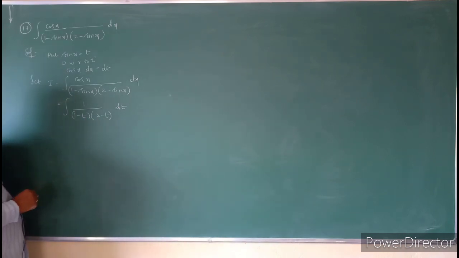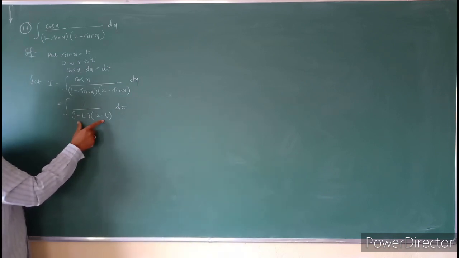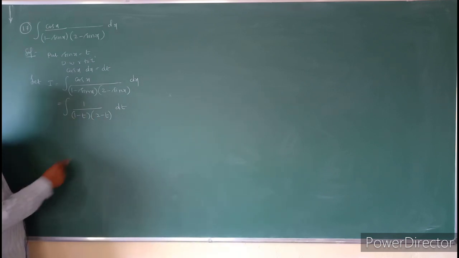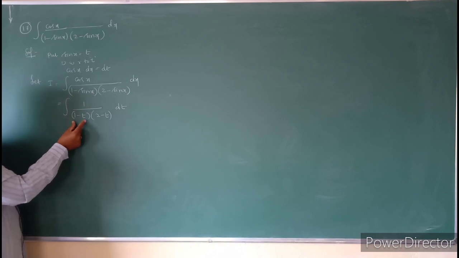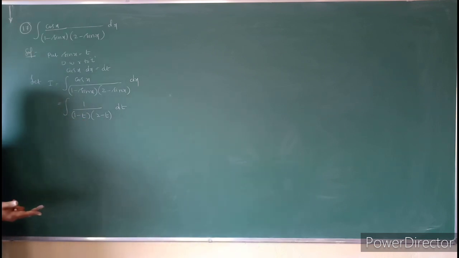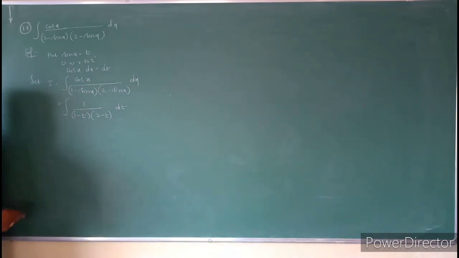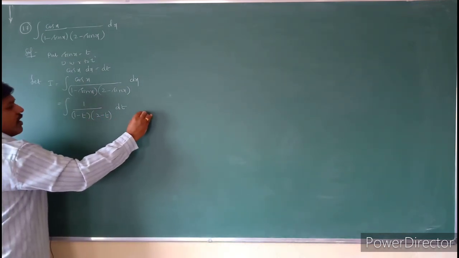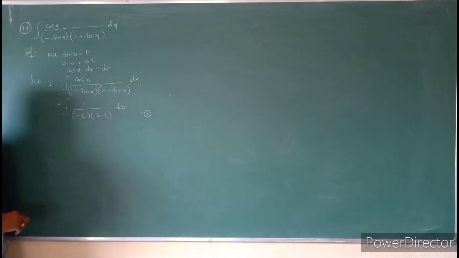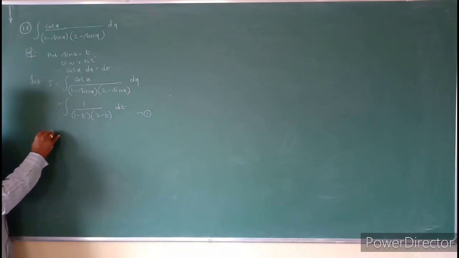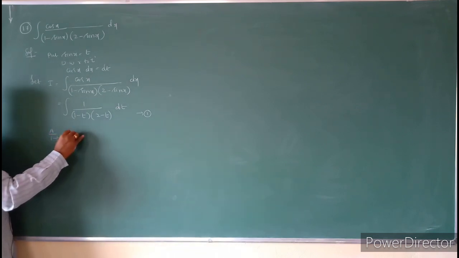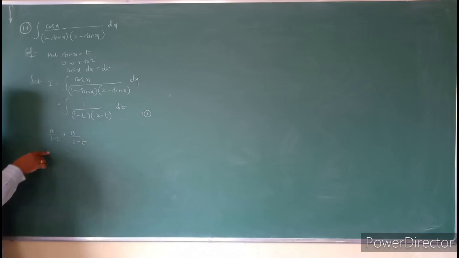So here also, what is the difference of these two? See students, this is 2 minus t and this is 1 minus t. I am not using the partial fractions. Sir, I will use the partial fractions by my choice. What do you have to do if using the partial fractions here? After taking this, you have to take equation number 1, a by 1 minus t plus b by 2 minus t, and calculate the a value and b value.